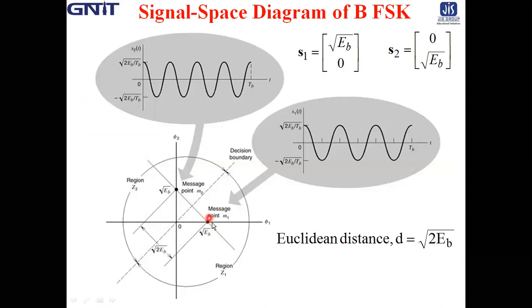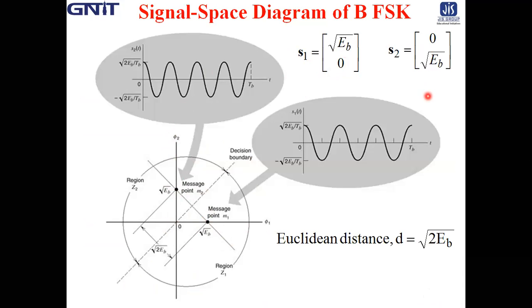See, message point m_1 and message point m_2 on the two basis functions, that is phi_1 and phi_2. So s_1 equal to square root of E_b comma 0 and s_2 equal to 0 comma square root of E_b.